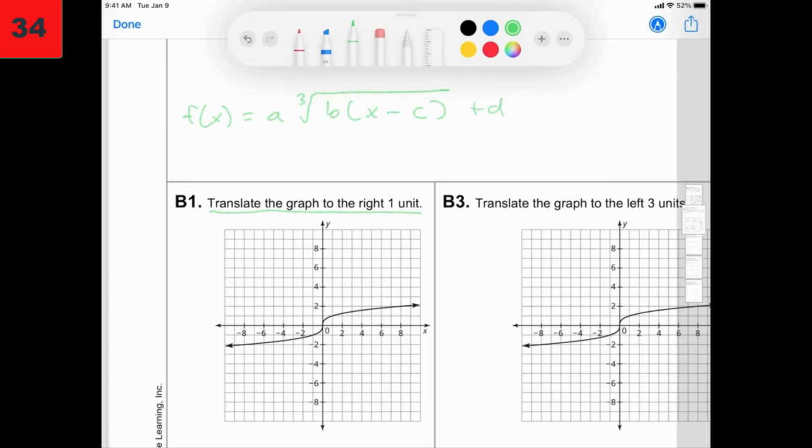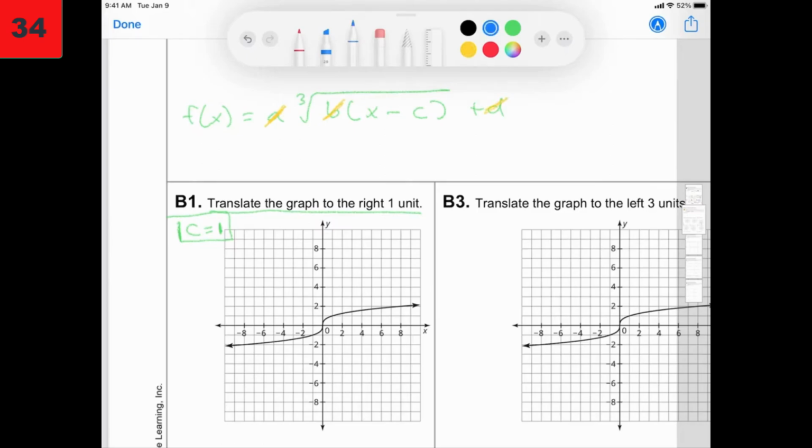Okay, which one do we not need here? Well, this is a C value, and this is a C value of 1. Going to the right 1 unit. So I don't need A, B, and D.